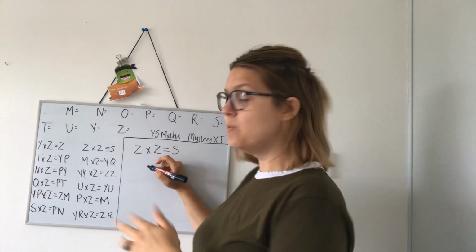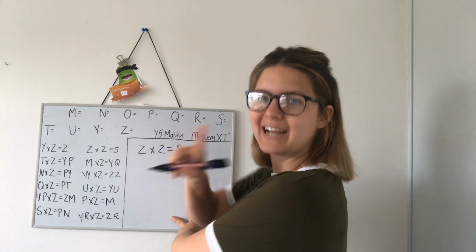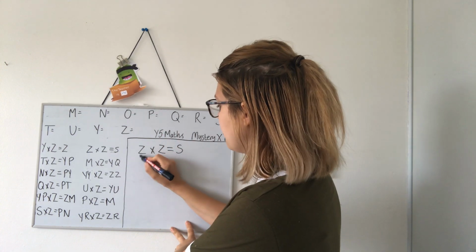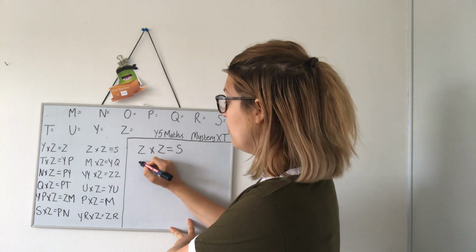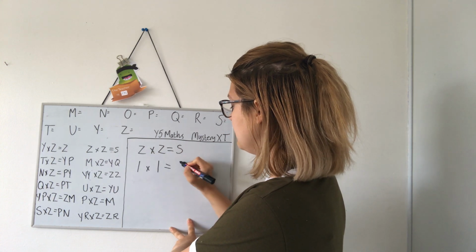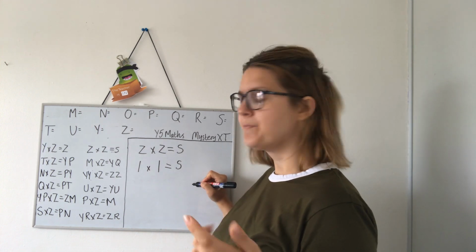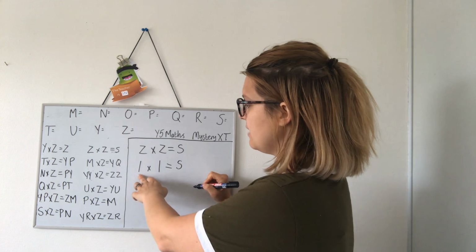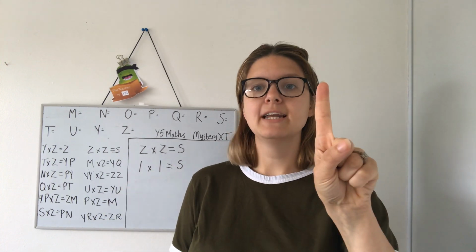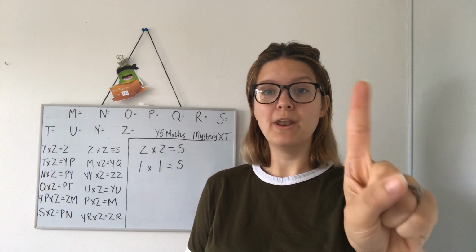So I know that if I try that with this one, I don't think it's going to work out, but let's check it anyway. So if I replace z with 1, it's going to be 1 times 1 equals s. Now, if I've got 1 and I've got it 1 time, I've still only got 1, haven't I?